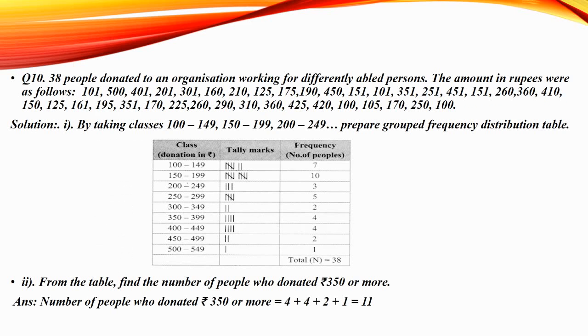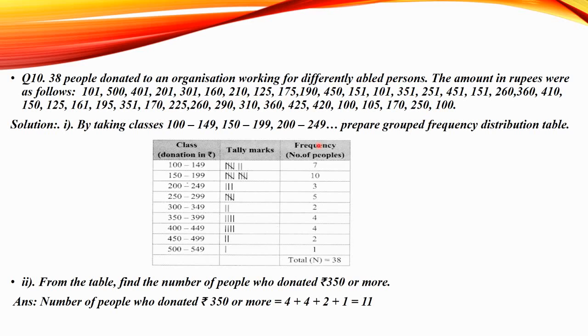Question number 10. 38 people donated to an organization working for differently abled persons. The amounts in rupees were as follows: 101, 500, 401, 201, 301, 160, 210 and so on till 100.